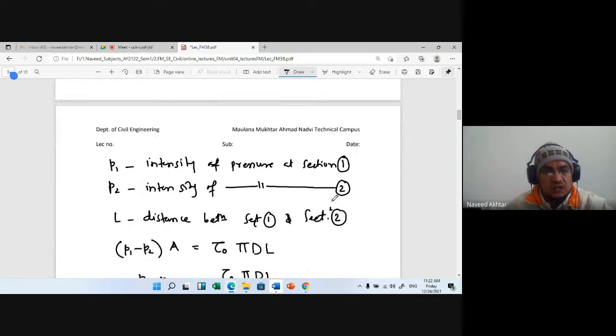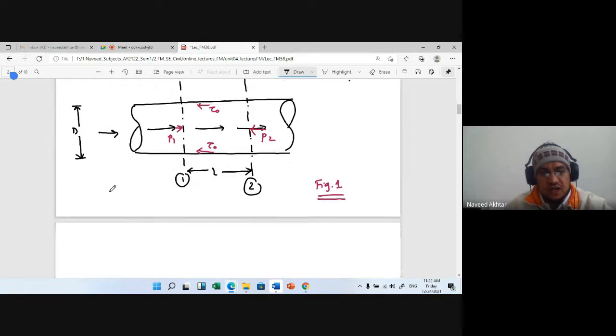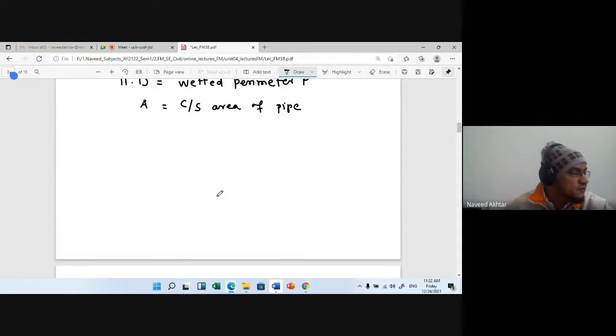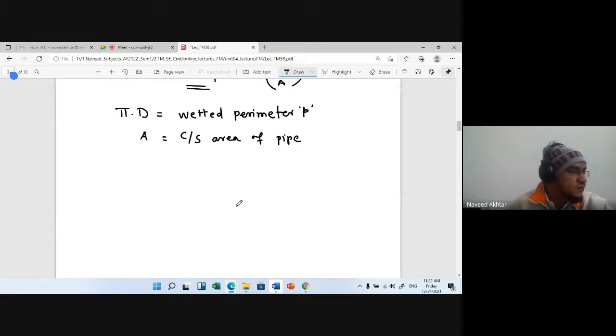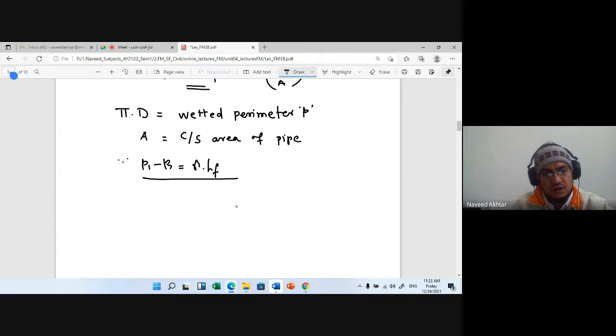Okay, so this figure is very important. Based on that, we are finding all of these things. Now you know that P1 minus P2 is nothing but gamma into HF. So that's why we have come to that other formula. Now you know that tau 0 is equal to rho F upon 8 into V square.